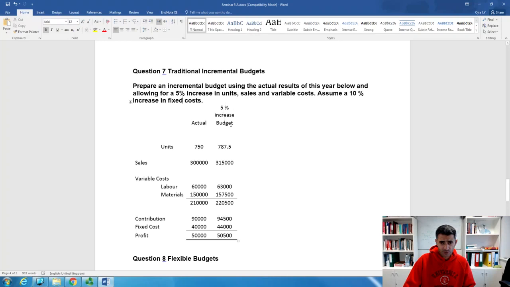The 5% increment including the sales units, if you add 5%, 750 units multiplied by 1.05, you should be able to find 787.5. Sales, same. Variable cost is the same because we added 5%, isn't it?